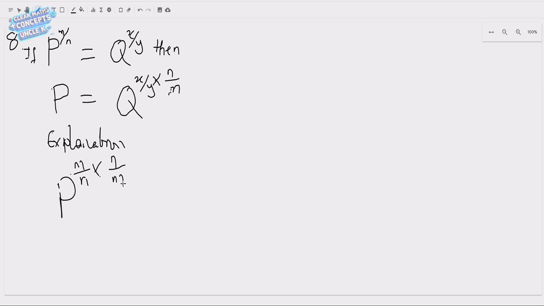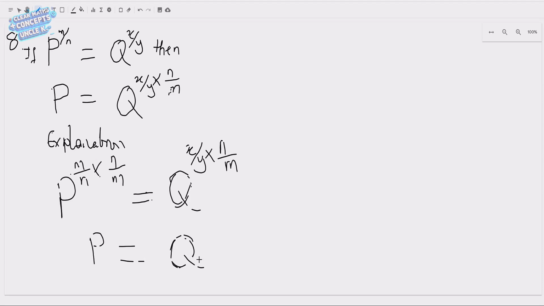But whatever you do on one side, you must do on the other side. So you multiply the power of q as well with the same thing that you multiply the power of p with. So that is how it came about. p is q raised to x over y times n over m. Alright, I hope you are getting this.